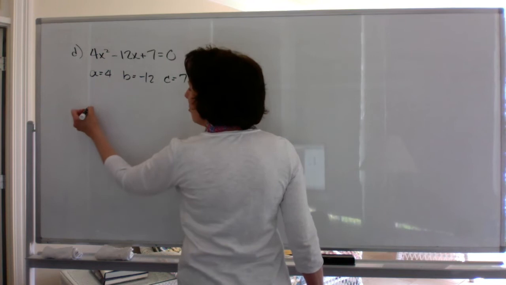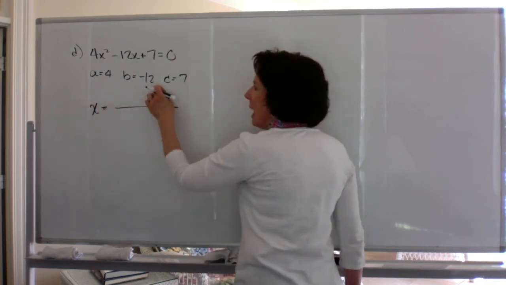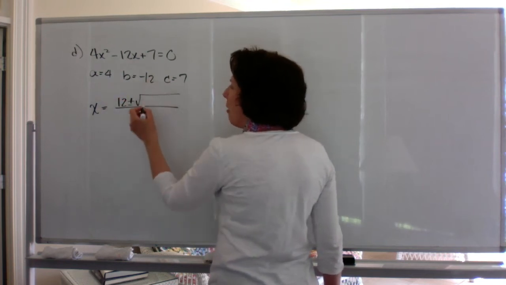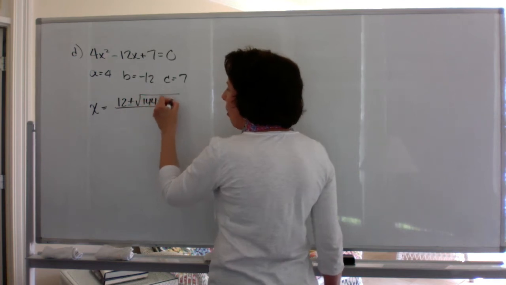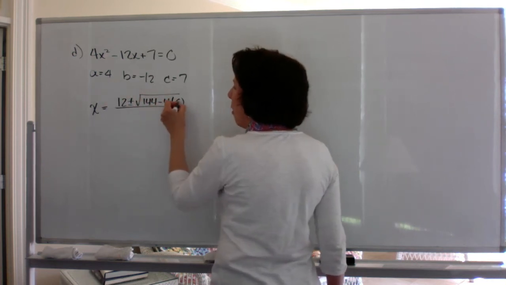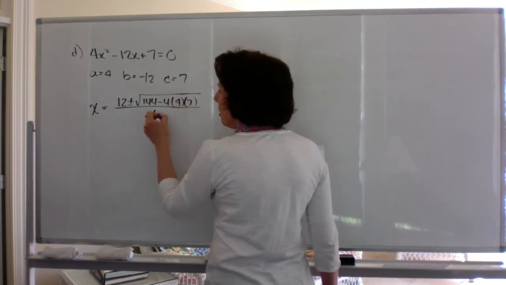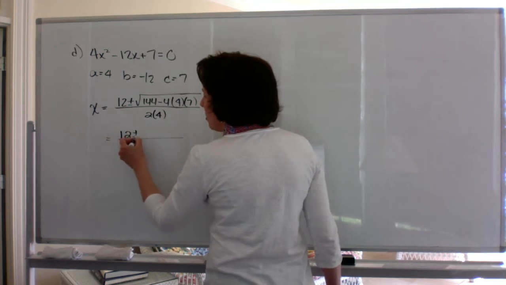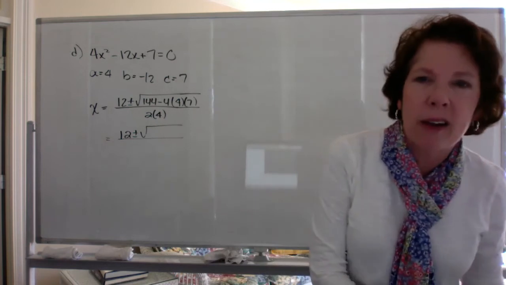So my variable is x. So x equals negative b, which is 12, plus minus the square root of b squared, which is 144, minus 4 times a is 4, and c is 7, over 2 times 4. Okay, so I'm going to get 12 plus minus the square root. Now, I'm going to go ahead and use my calculator here.